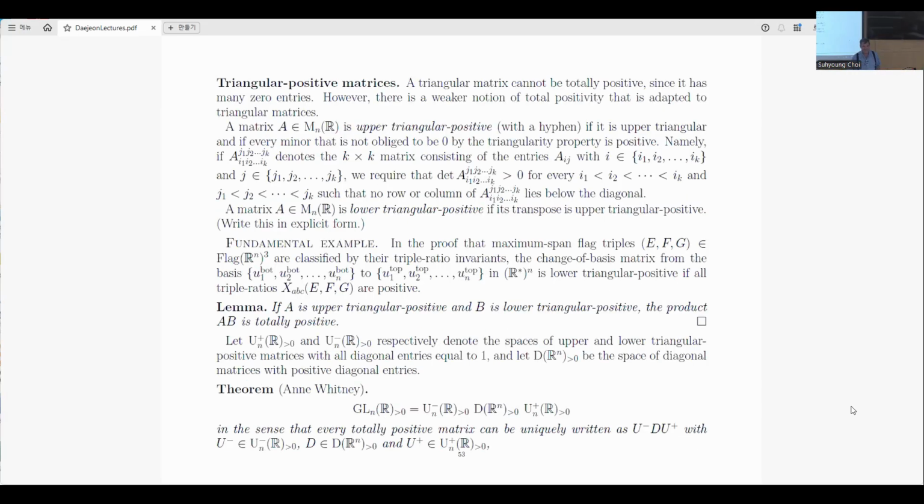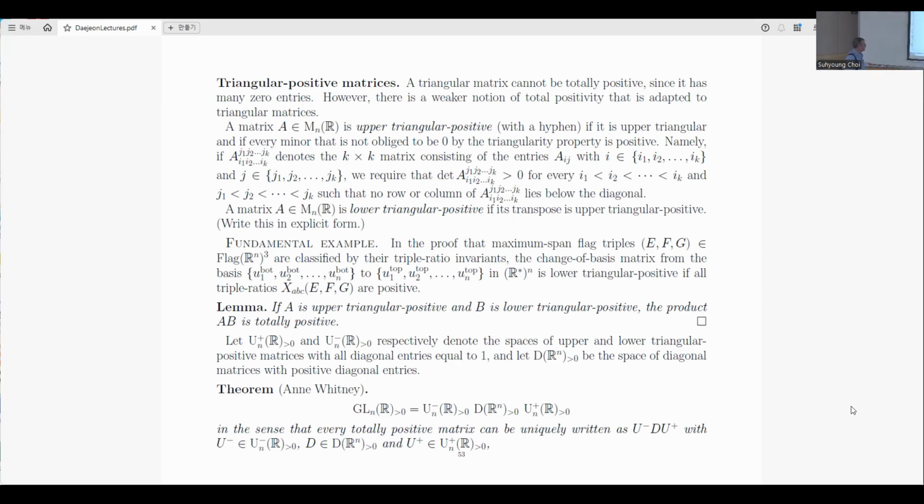Okay, now the problem, we've been talking about flags. And with flags, you have a lot of triangular matrices instead, upper and lower triangular, like many of my maps were like that. So triangular maps are usually not very totally positive because they have zeros, right? They are usually not even positive, right?